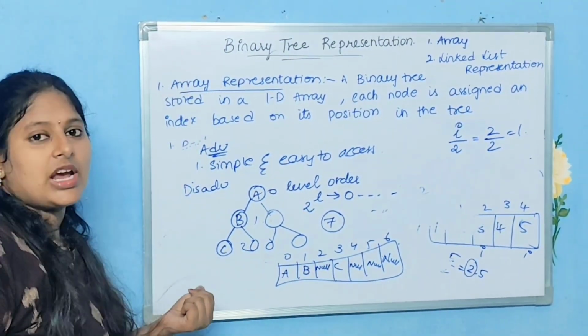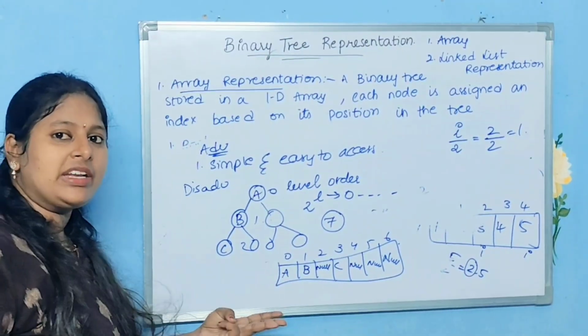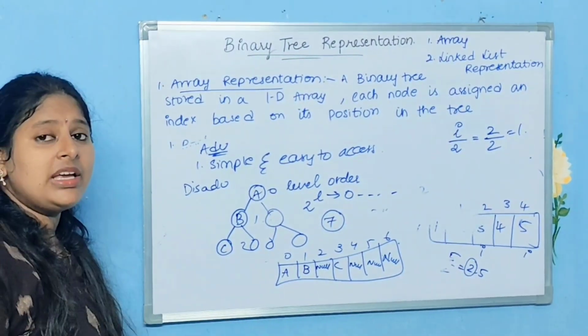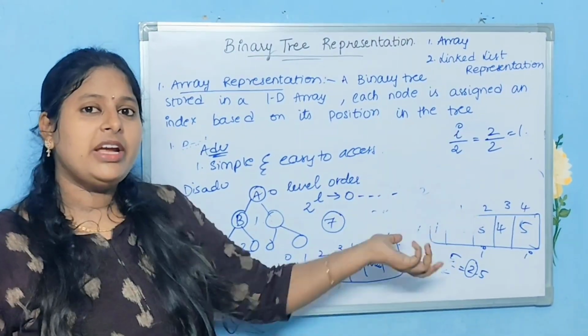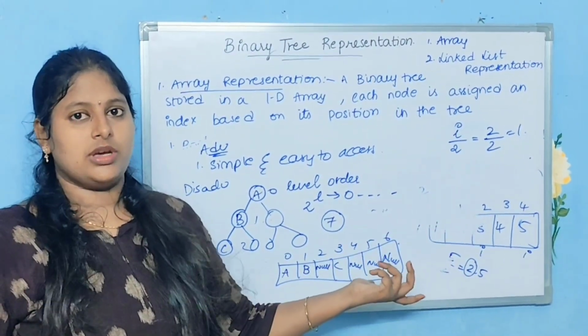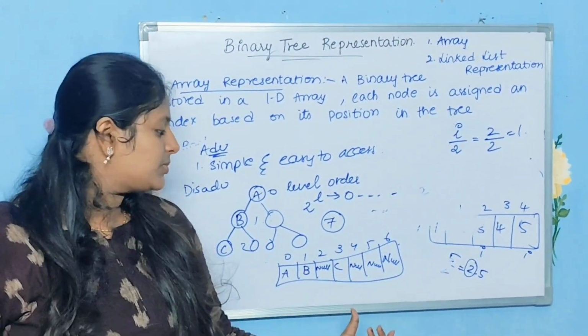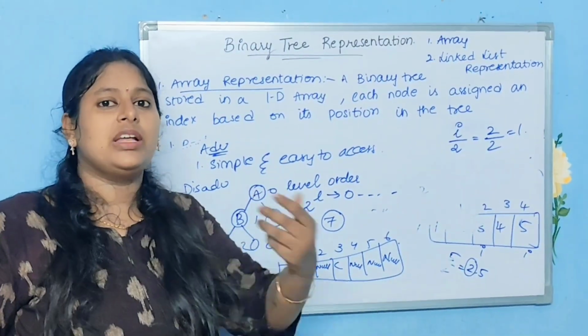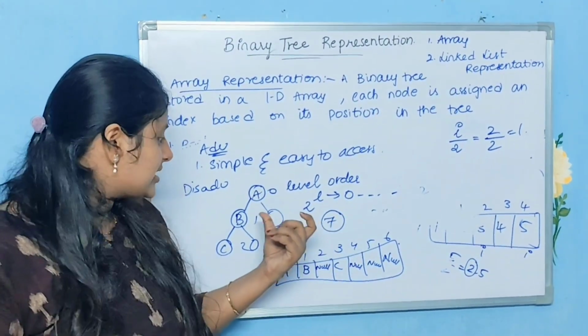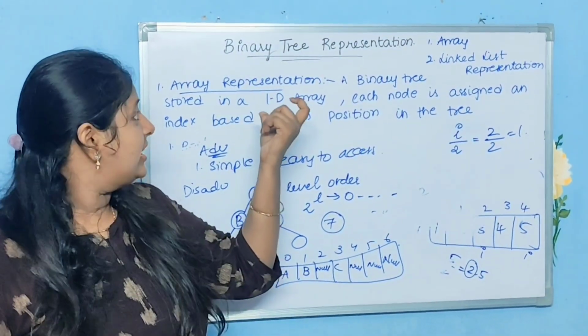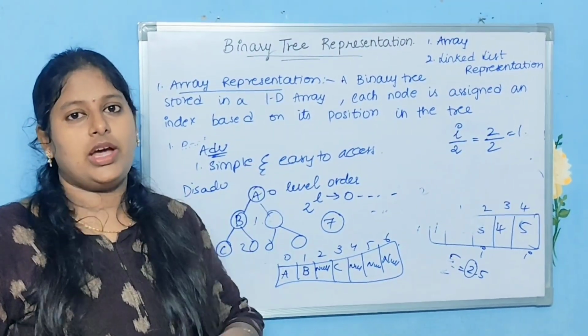You just have 3 elements in this binary tree, but your memory is getting wasted for all the other unnecessary 4 nodes, right? They are not existing. This memory can be used for any other useful purposes, right? This is the disadvantage of binary tree representation using arrays.